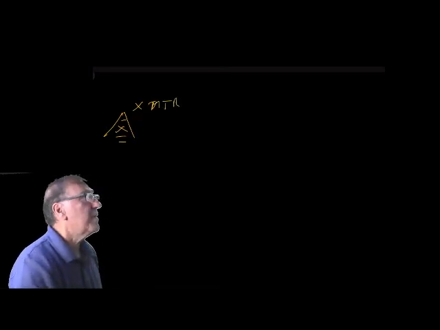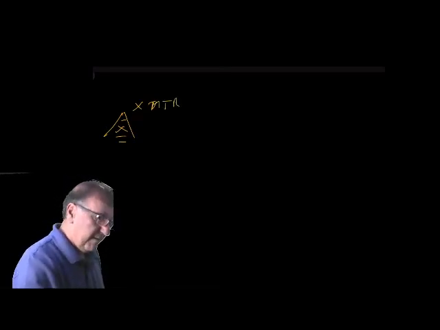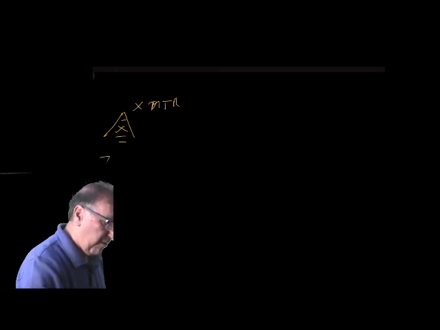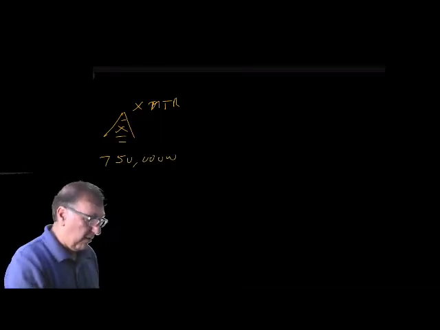If I draw a transmitter, and we abbreviate that by the word XMTR, that's a transmitter. And that's transmitting power of 750,000 watts, effective radiated power.